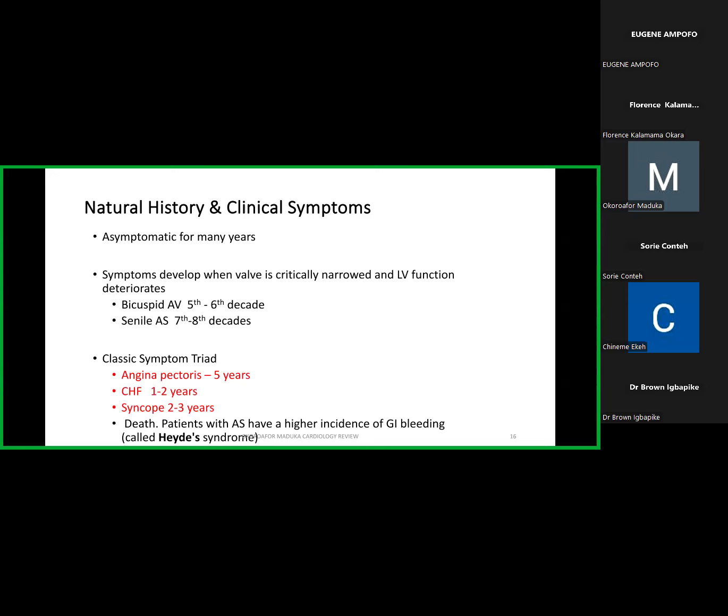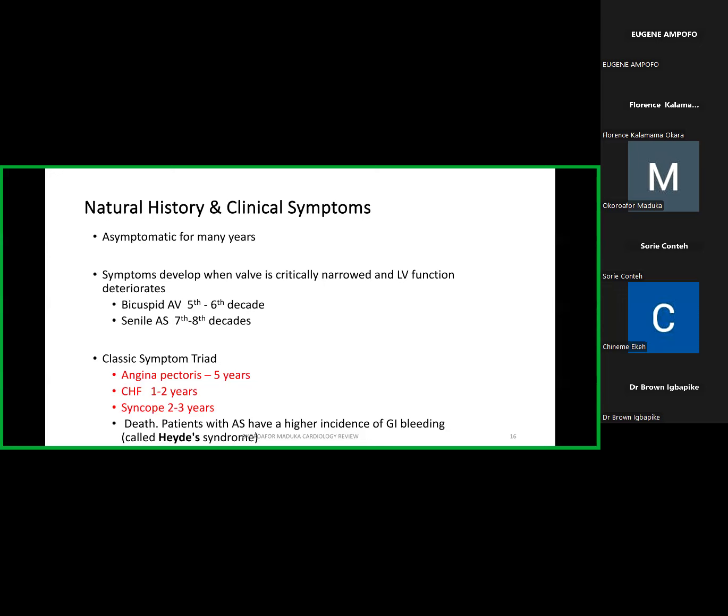However, in a patient that has a bicuspid aortic valve, symptoms could develop between the 5th to 6th decade, while the senile aortic stenosis, which is also known as the degenerative aortic stenosis, usually develops symptoms between the 7th to 8th decade. The symptoms classically include angina. A patient could present with dyspnea, that is in failure, and there could also be syncope. And death can also occur.